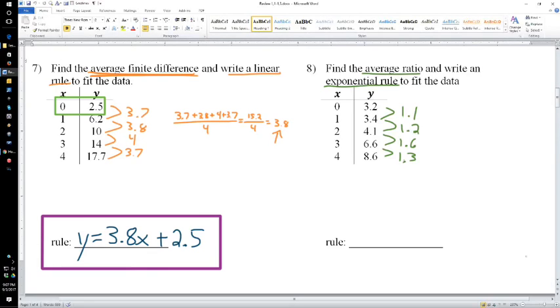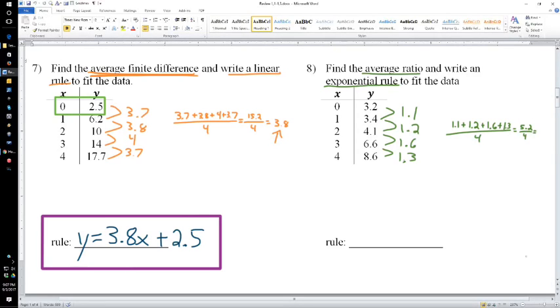So to find the average ratio, we're going to add them up. So 1.1 plus 1.2 plus 1.6 plus 1.3. There's 4 of them, so we'll divide it by 4. You get 5.2.